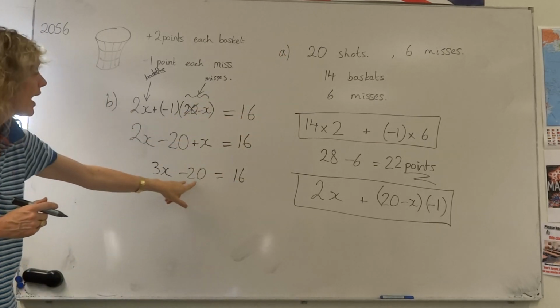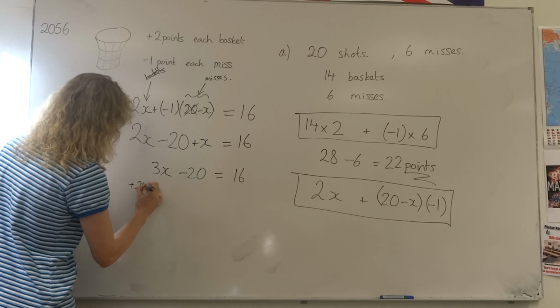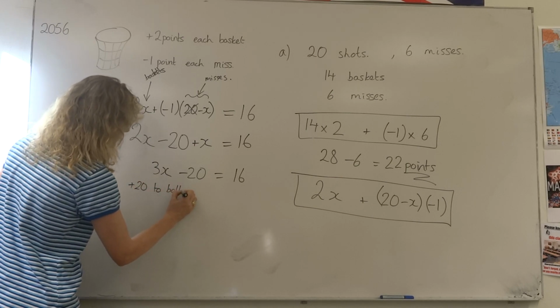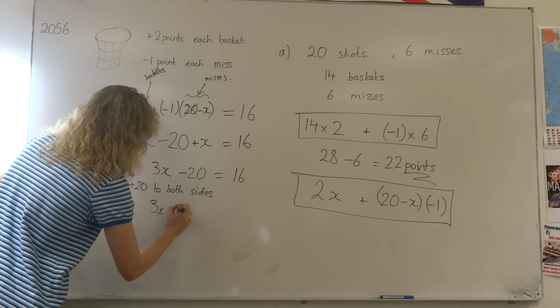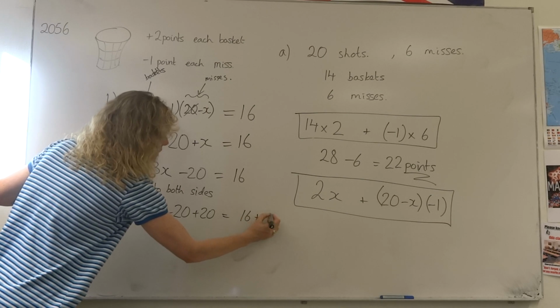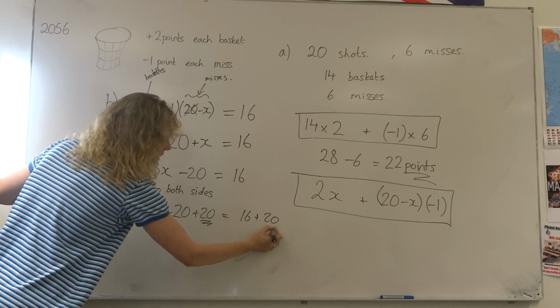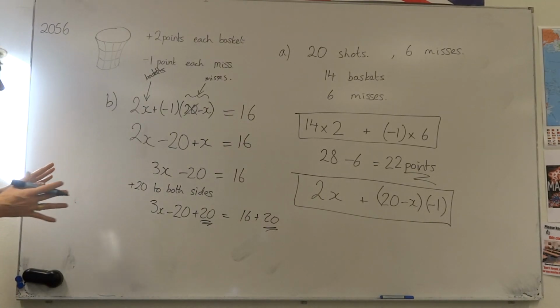First thing I do is move all the numbers to the other side using my scale system, where if I add 20 to this side, plus 20 to both sides, I would then get 3x minus 20 plus 20 equals 16 plus 20. Here's a plus 20, here's a plus 20. I've done exactly the same thing to both sides of the equation.